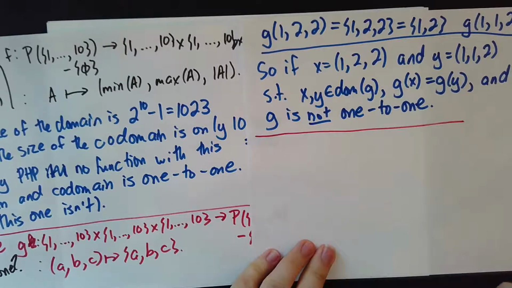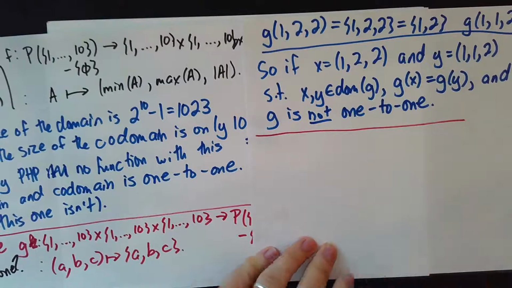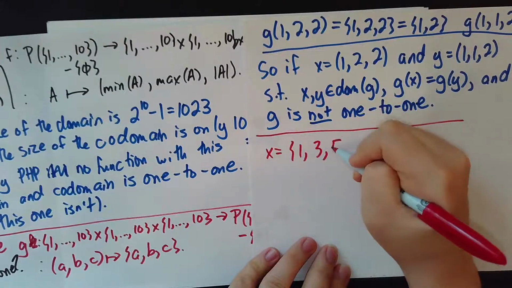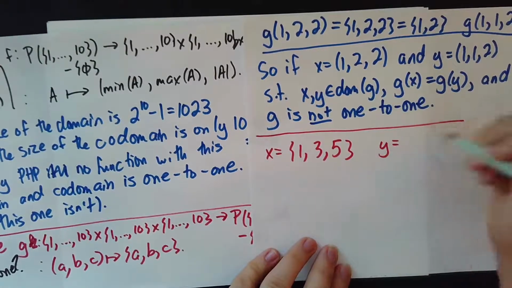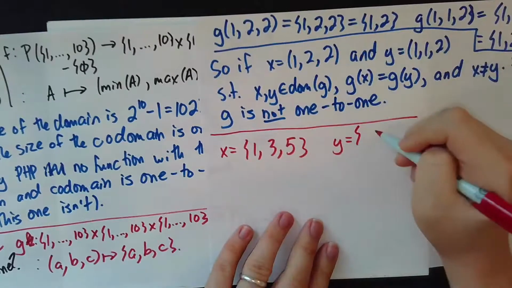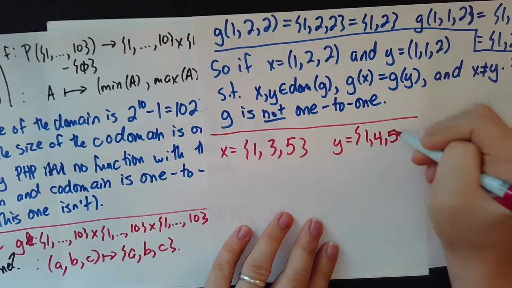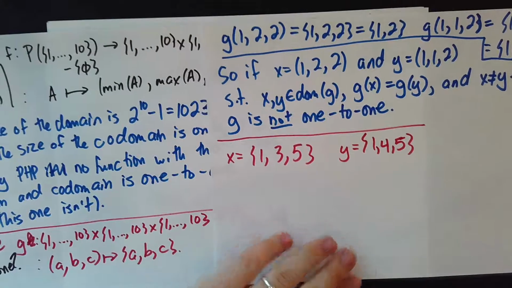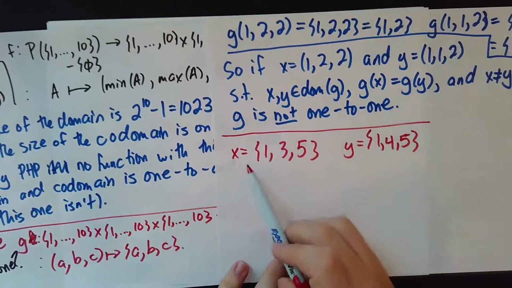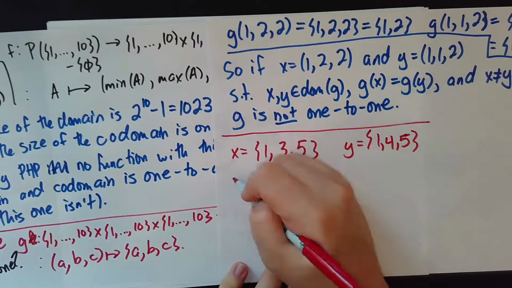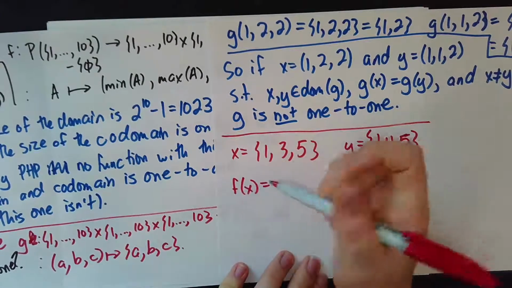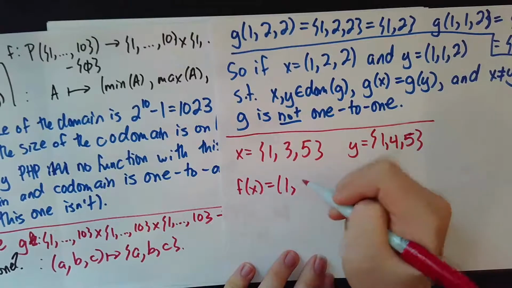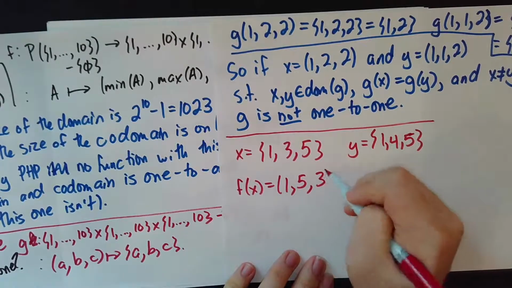So if we look at this, we can take here X to be the set {1, 3, 5}, Y to be the set {1, 4, 5}. And you absolutely don't have to call these things X and Y if you don't want to. I'm just trying to make them mirror the way I wrote the definition of 1 to 1 today. But if I write down X is this set and Y is this set, then f of X is the minimum element, the maximum element, and the size.